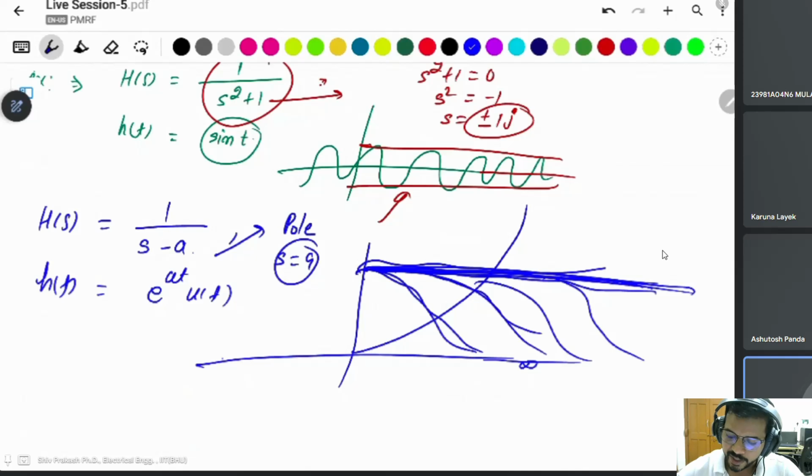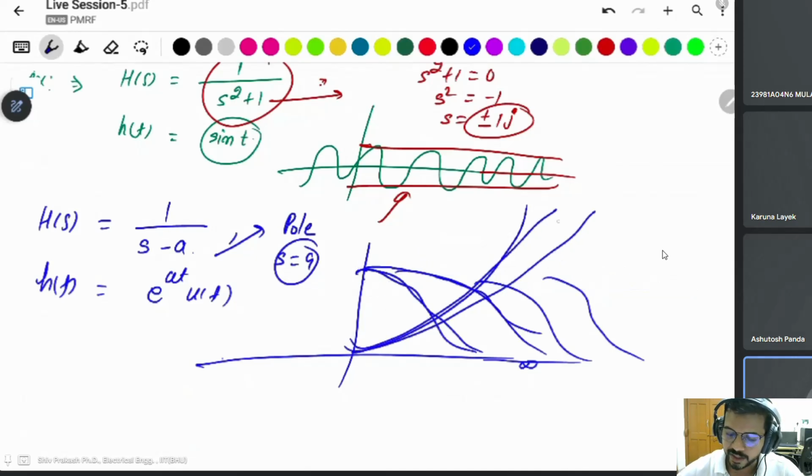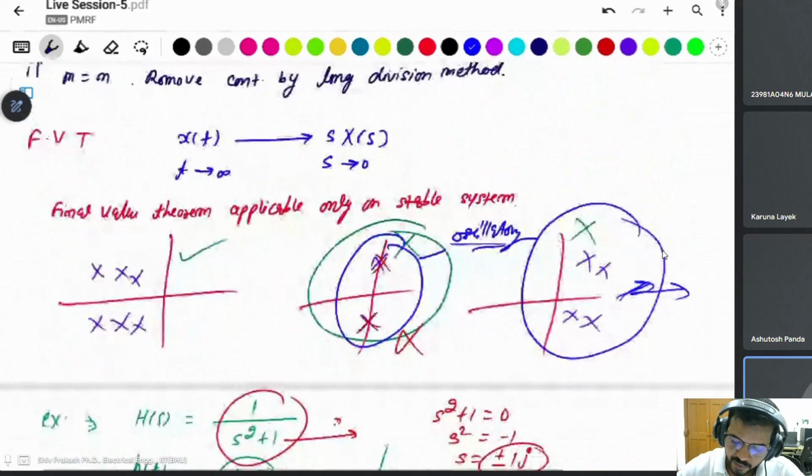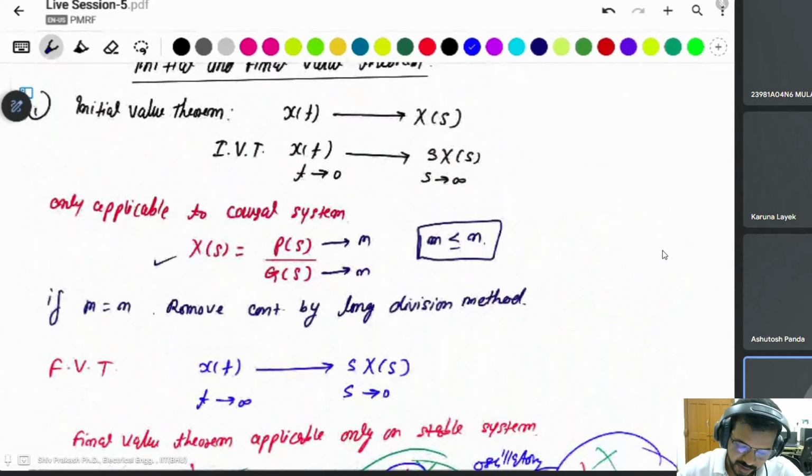If any function is oscillatory or unstable, then you can't predict the final value. That's why you can't apply the final value theorem on an oscillatory function or, sorry, an unstable system. Final value theorem is applicable only on a stable system. Same thing for the initial value theorem also.